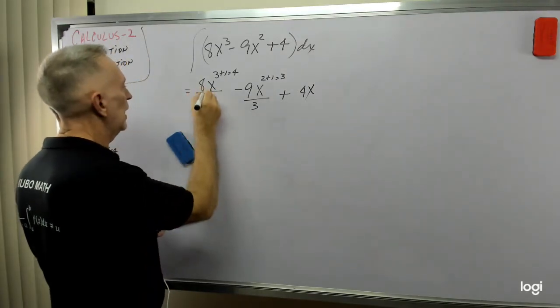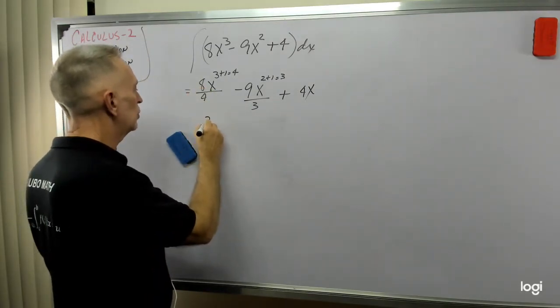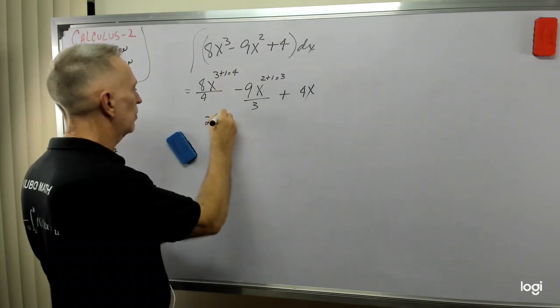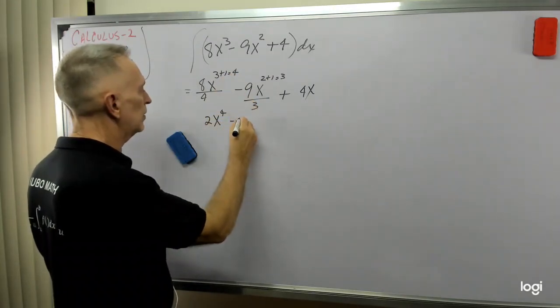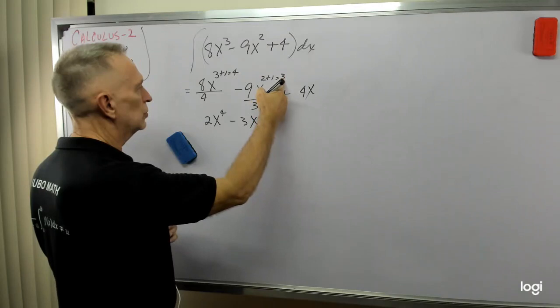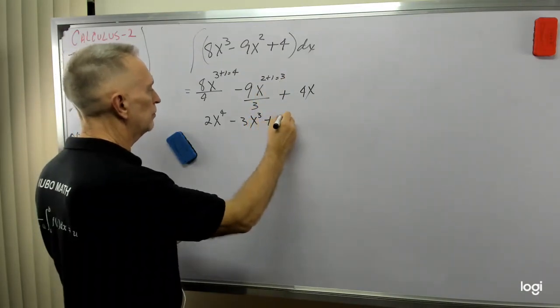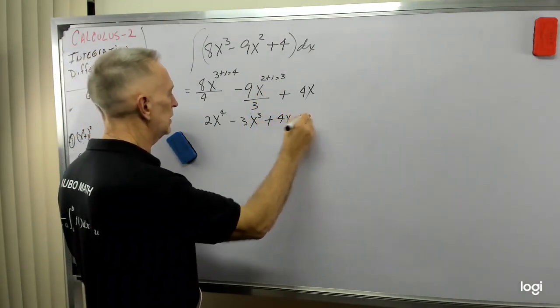So 8 divided by 4 is 2x to the 4th, minus 9 divided by 3 is 3x to the 3rd, plus 4x plus c.